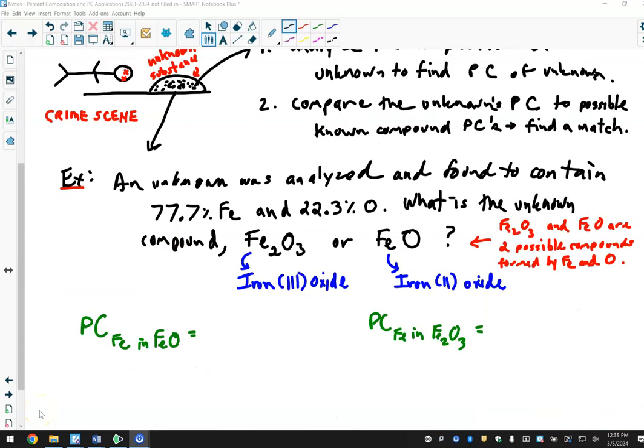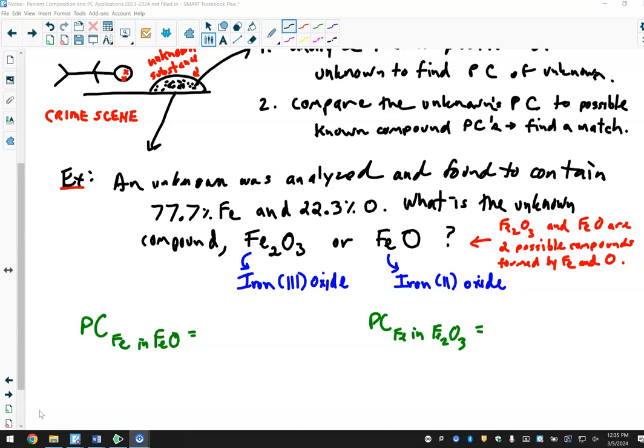So here's how these scenarios go in a problem format. An unknown compound found at a crime scene was analyzed, and it was found to contain 77.7% iron and 22.3% oxygen. So they found that it's composed of iron and oxygen in those mass proportions.